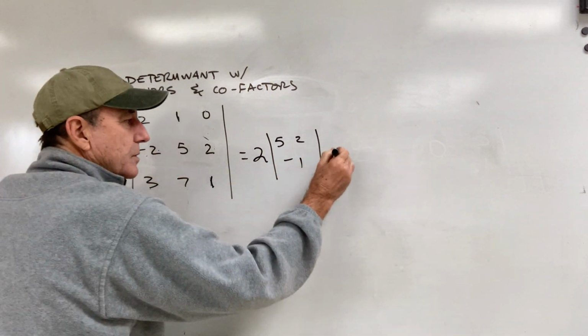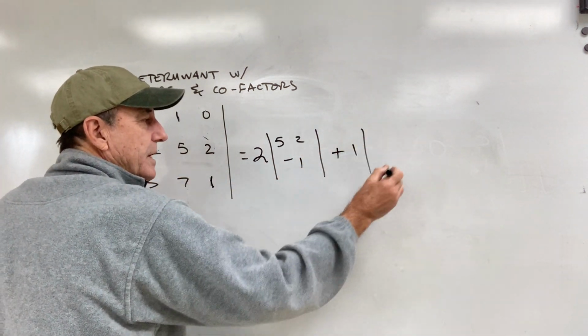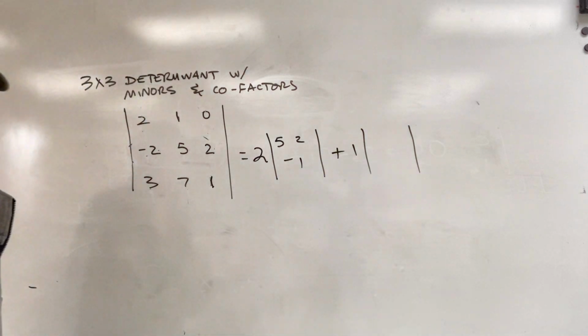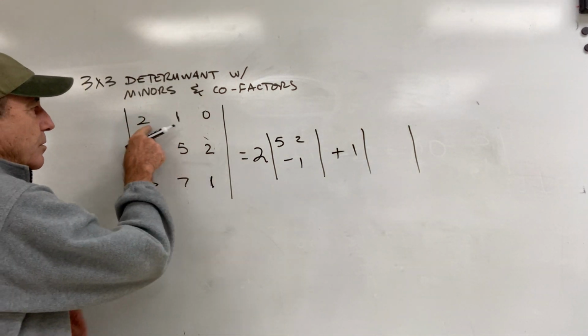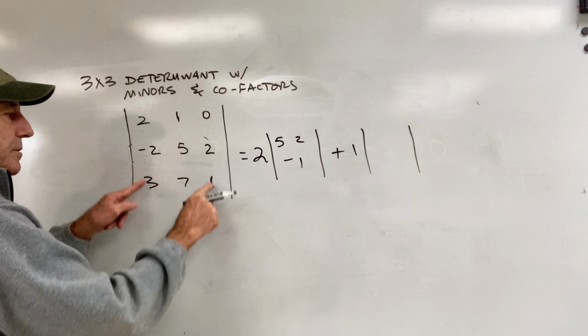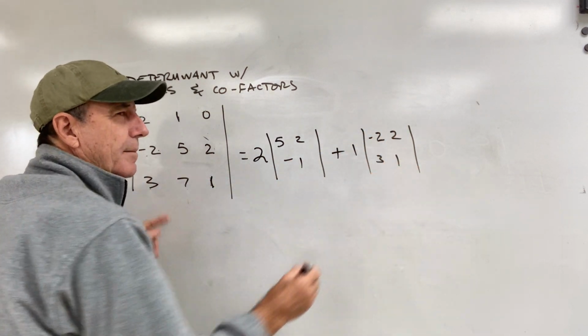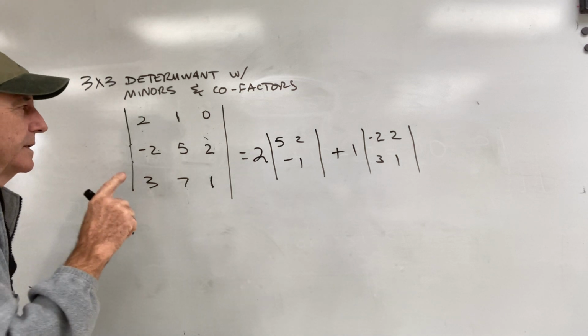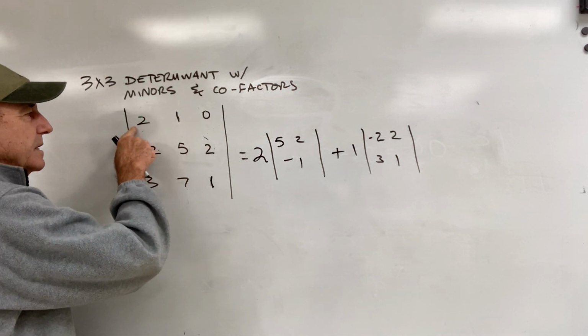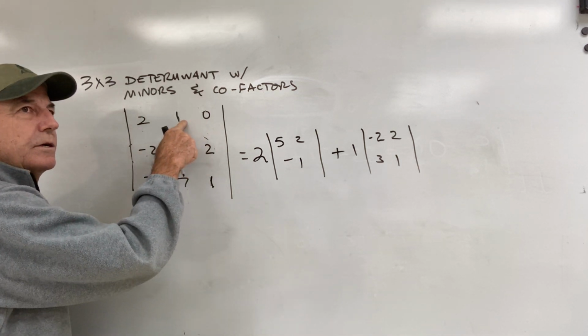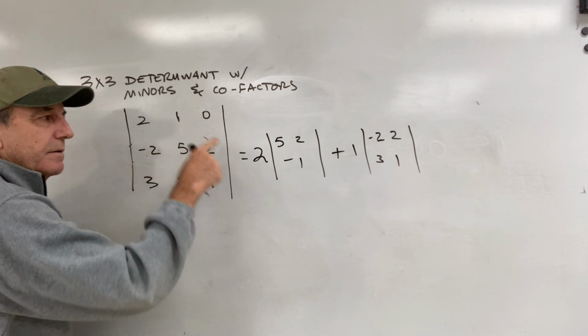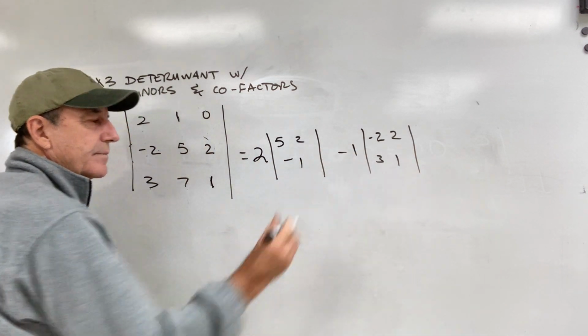I didn't have to write that. Okay, plus 1 times its little 2 by 2. Let's see, cross off this row, this column, I get these numbers: negative 2, 2, 3, and 1. How about the power of negative 1? Well, this is first row, second column, negative 1 cubed. Well, that should be a negative. Let me change that.